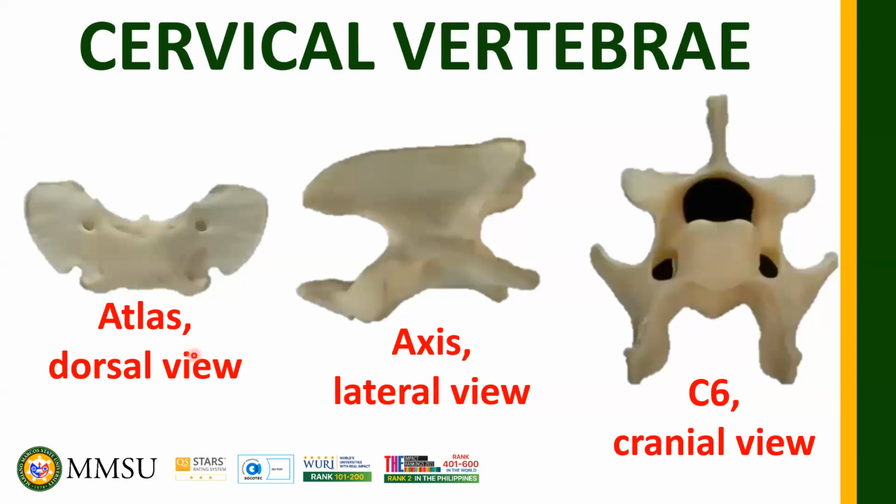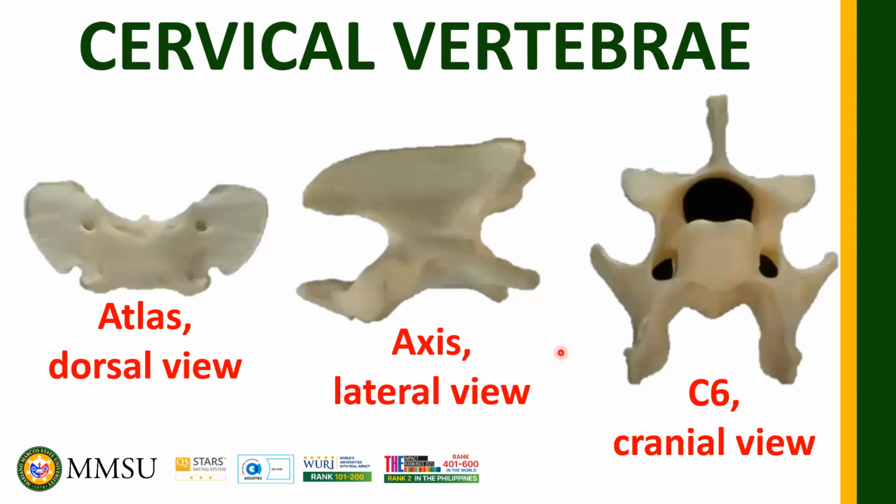We have the different views. Kung makikita ninyo, there are different views. We have the atlas, which is the C1, okay, cervical 1, from the dorsal view. Si axis naman that is the C2 or the cervical 2, which is on the lateral view.